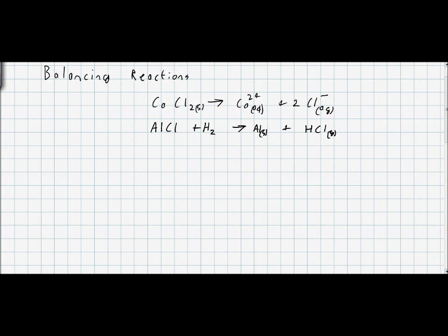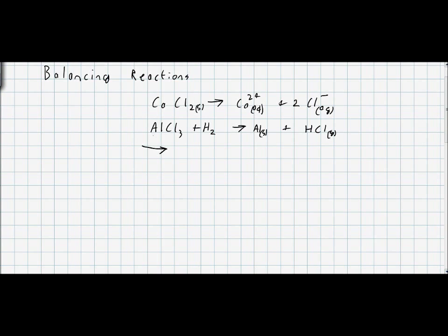Aluminum, solid, and we have a 3 here because aluminum has a +3 charge. Now, with it in a solid state, it has no charge. And so, let's start by balancing the reaction. We are going to work our way this way.